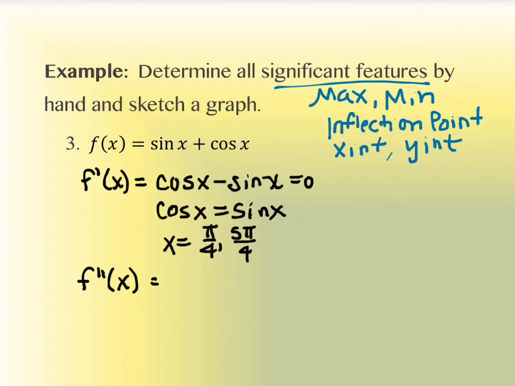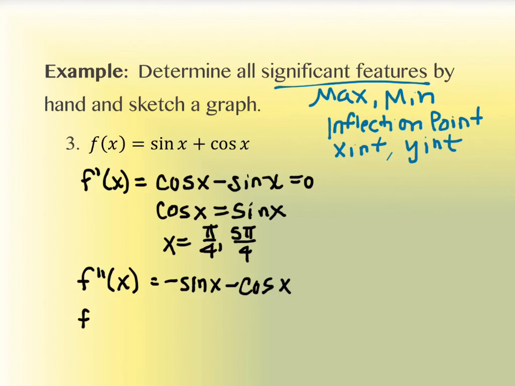What is the second derivative of this? Negative sine x minus cosine x. Excellent. And we're going to use each of those critical points inside of this to decide, do I have a maximum or minimum? Sound good? Okay.